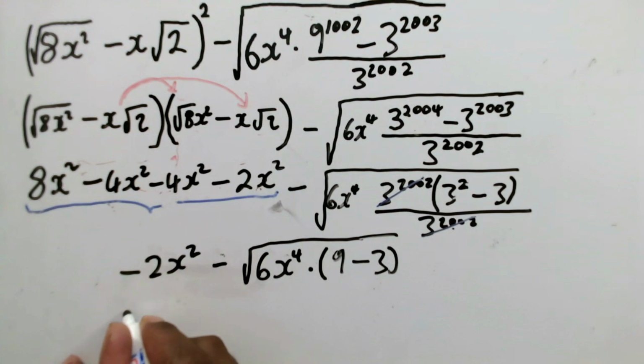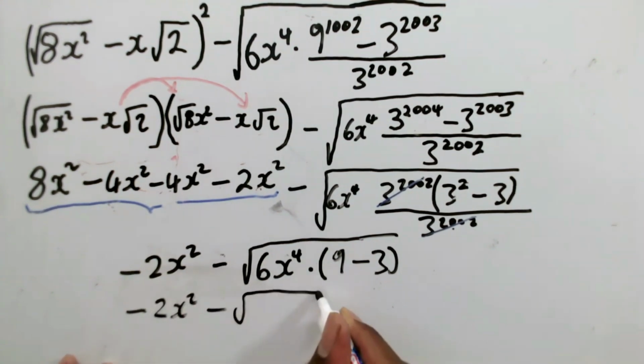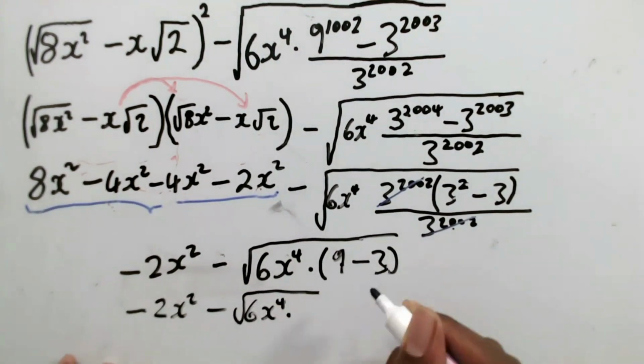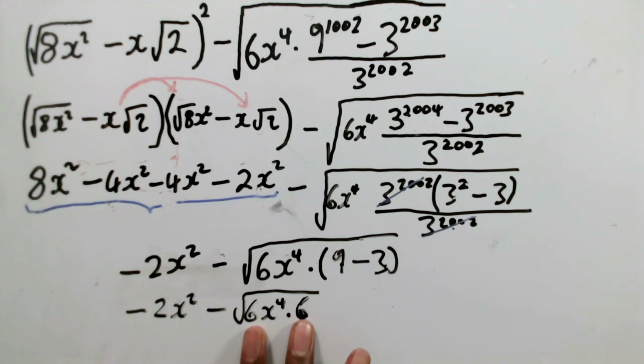And interestingly, we can tell that we are getting closer to our answer. Now, the next part would be minus 2x squared minus square root of 6x to the exponent 4 times 9 minus 3, which is going to be 6. You see, now I can multiply the 6 with the 6 now.